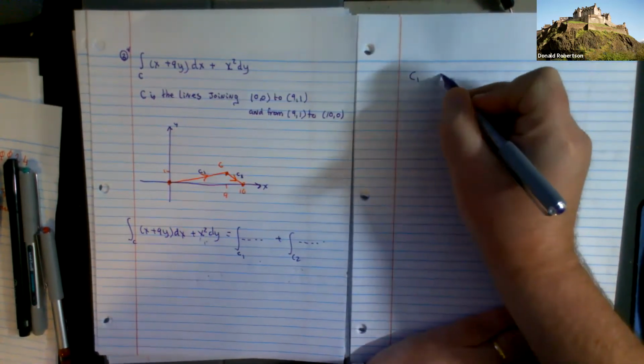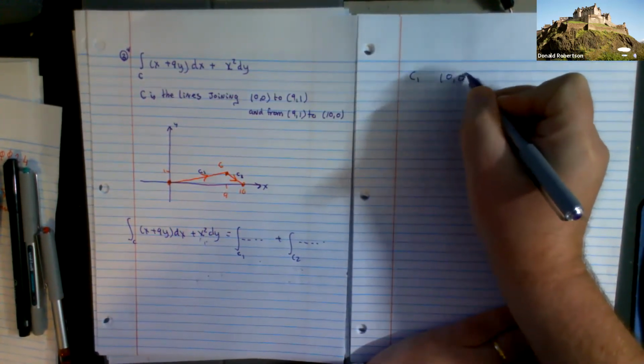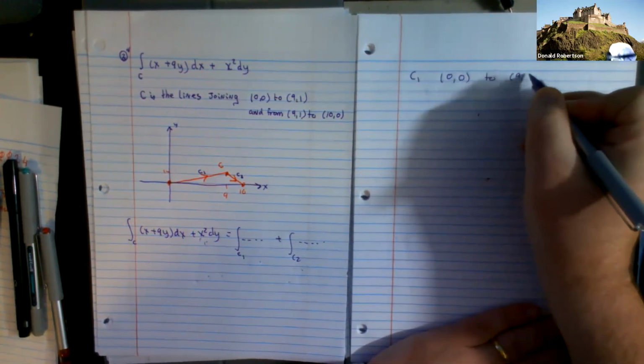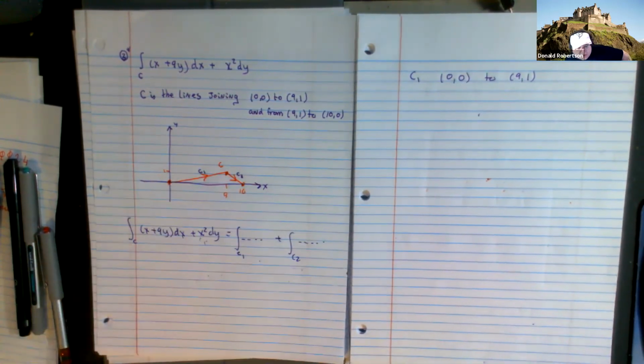So let's get C1 sorted out. You want the line that starts at the origin and it goes to the point 9, 1, right? So basically this guy. Now the trick here is, how do you write it down in its parametric form? Right, we did the circle or the half circle one. That one we kind of borrowed information from polar. Here we're kind of starting from a 0 point.